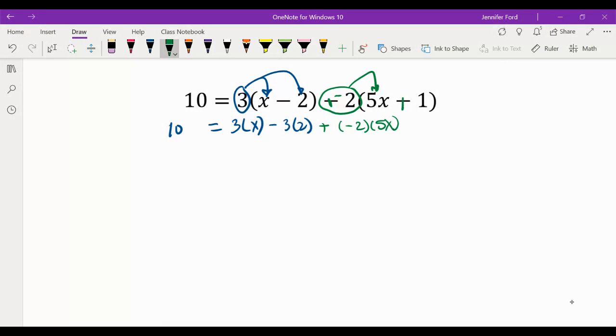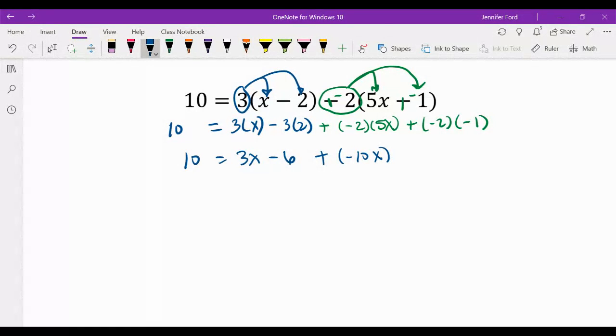And then remember, this is a negative 1, so negative 2 times negative 1. So 10 equals 3 times x is 3x, and then minus 6, and then plus negative 2 times 5x is negative 10x. You don't technically need those parentheses, but I just wrote them. And then plus negative times a negative is a positive, plus 2.